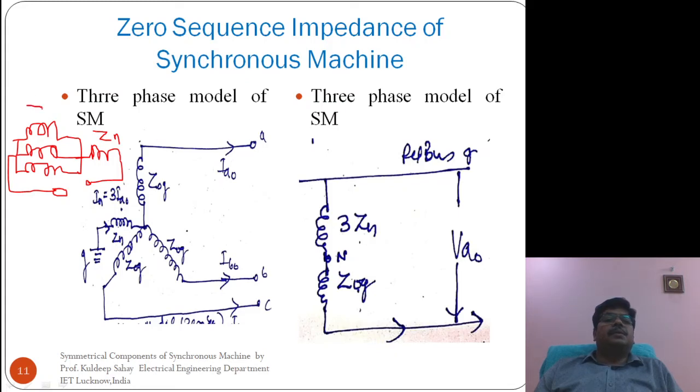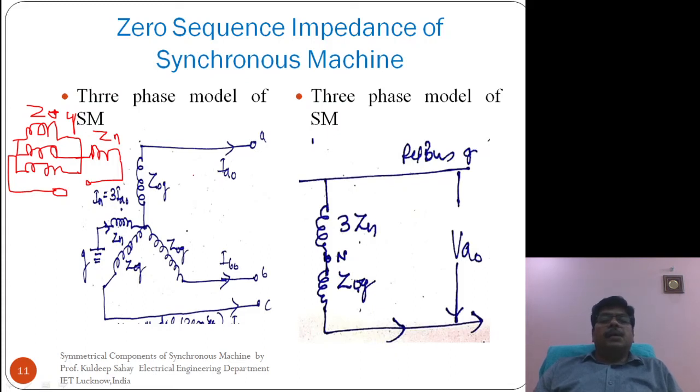Since it is Z0G, all these three are Z0G, so the equivalent will be Z0G by 3 plus Zn.